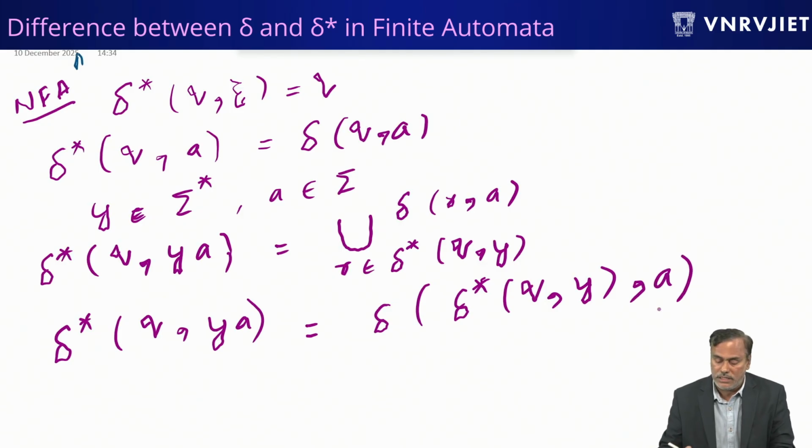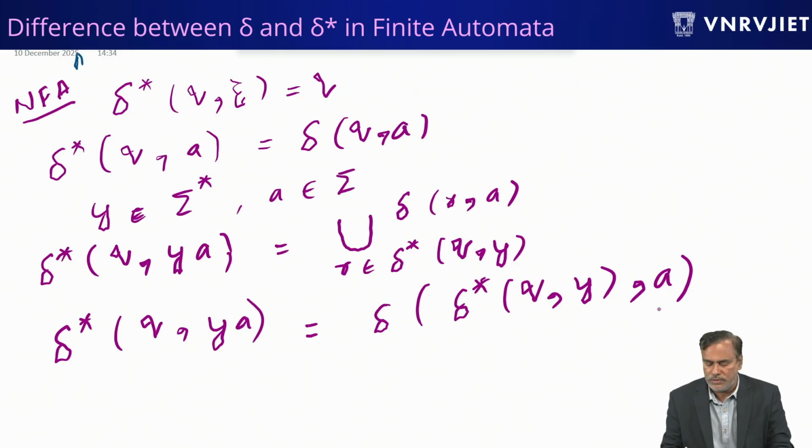You just remember delta star of Q on epsilon is Q itself, and for one input symbol there is no difference between delta and delta star, that is delta star of Q, A is equal to delta of Q, A, or we can say delta of Q, A is delta star of Q, A. If it is a string, not just a single input symbol, then it can be stated as follows.